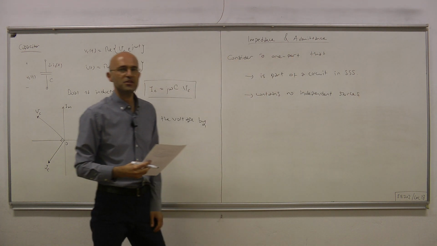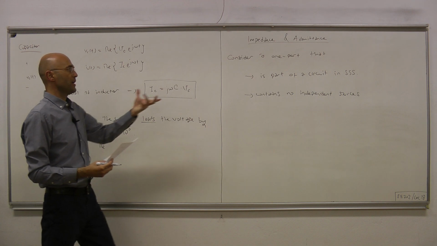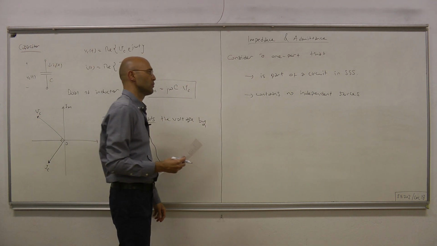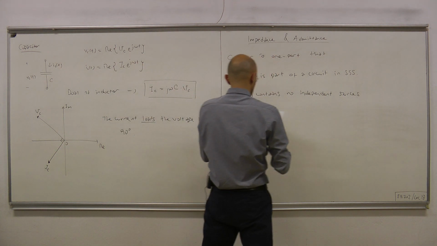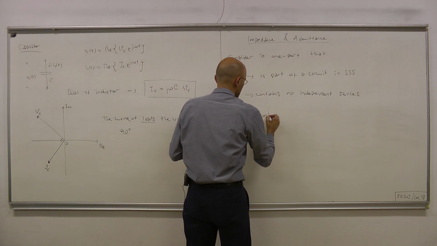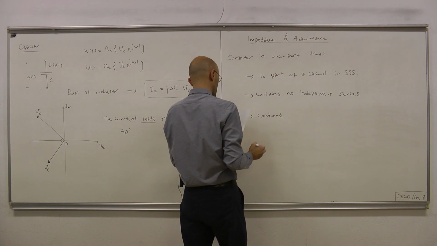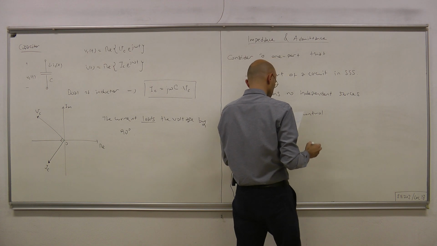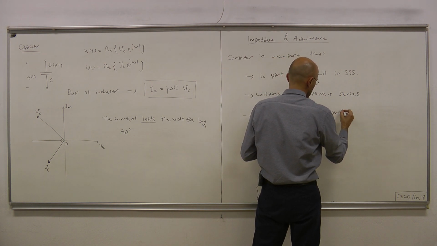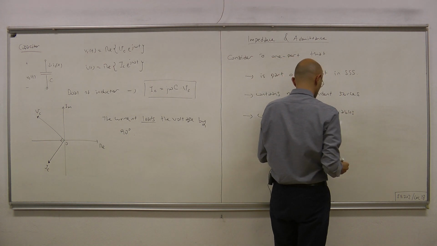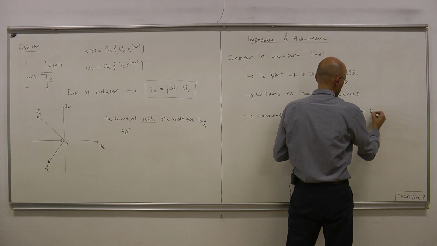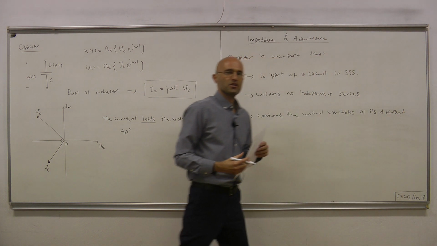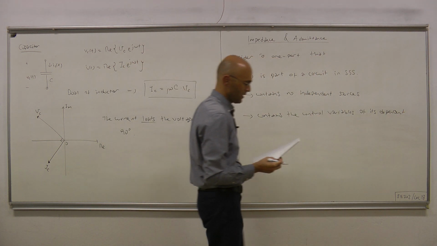Whenever there is a dependent source inside our one-port, its control variable must also be inside the one-port. So it contains the control variables of its dependent sources, if there are any dependent sources inside.